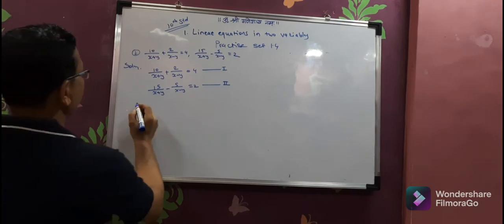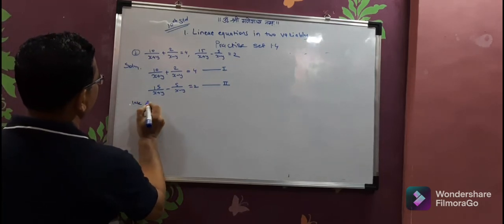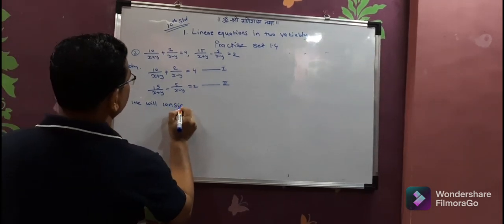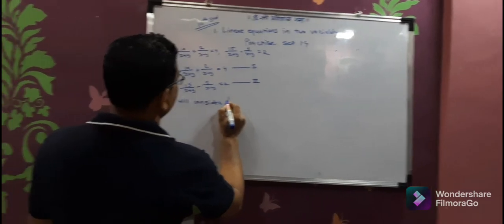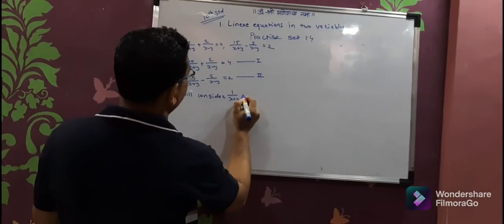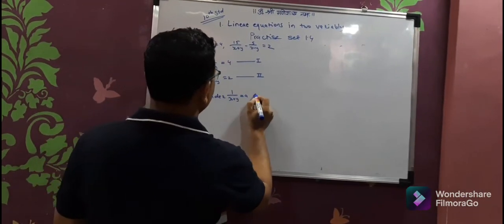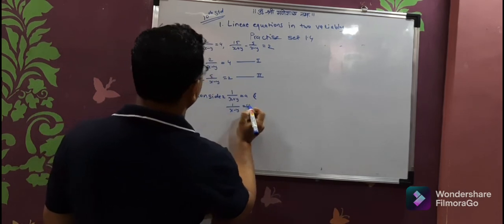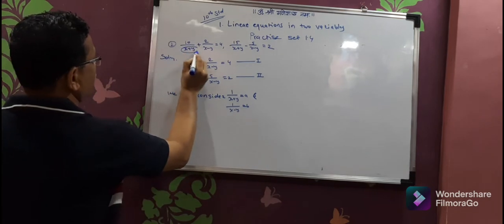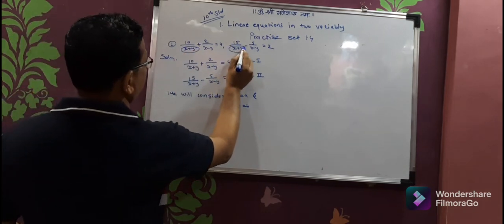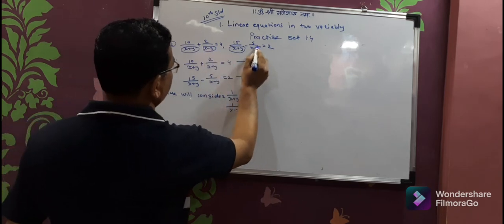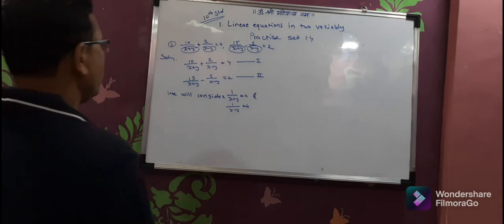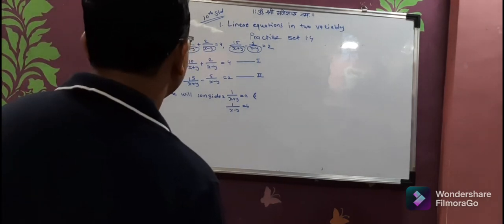So what will we do? We will consider 1 upon x plus y is equal to a, and 1 upon x minus y is equal to b. Here x plus y is there, here x plus y is there, here x minus y is there, and here also x minus y is there. So we have considered 1 upon x plus y is equal to a and 1 upon x minus y is equal to b.